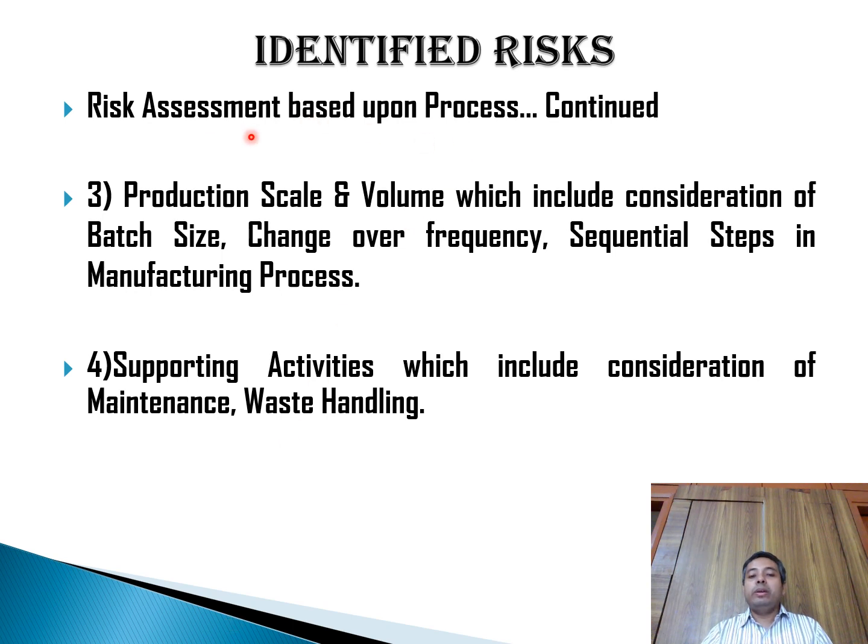A few other risks to be considered related to processes to be implemented in the new facility to be built are production scale and volume, which include consideration of batch size, changeover frequency, and sequential steps involved in the manufacturing process, and supporting activities, which include consideration of maintenance activity and procedure for handling of waste product.